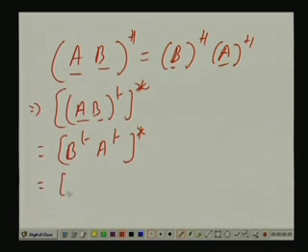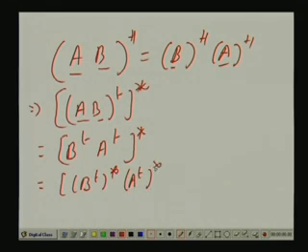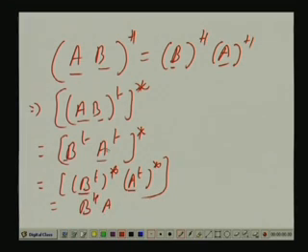So, that means B transpose conjugate A transpose conjugate, which is nothing but B Hermitian A Hermitian. Okay.